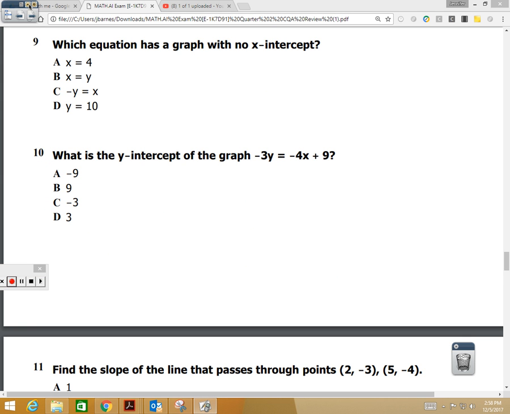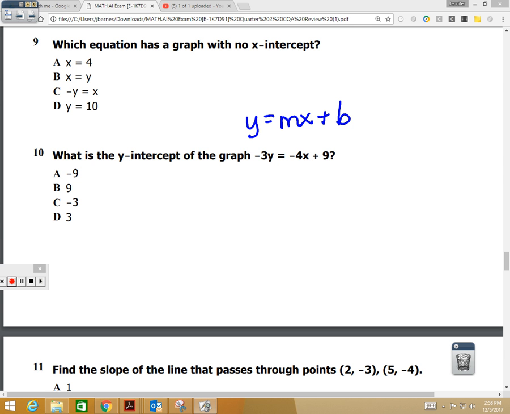Alright, looking at number 10. What is the y-intercept of the graph negative 3y equals negative 4x plus 9? Remember, to be able to identify slope and y-intercept, we have to have just the y by itself. So how would I get just the y by itself? I need to divide by negative 3.